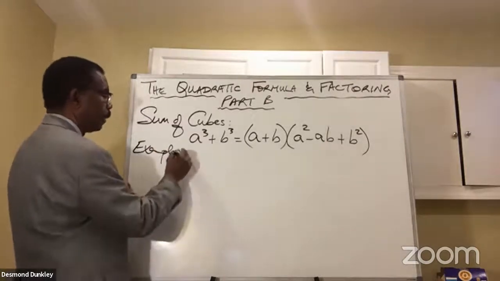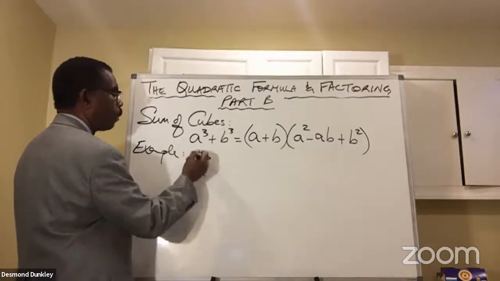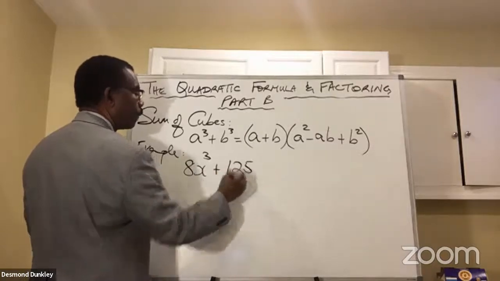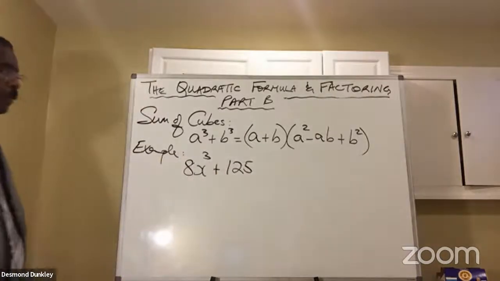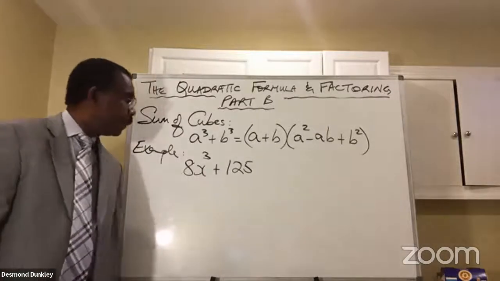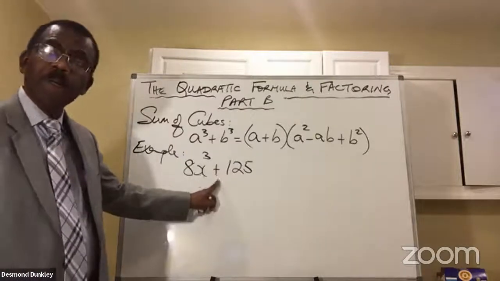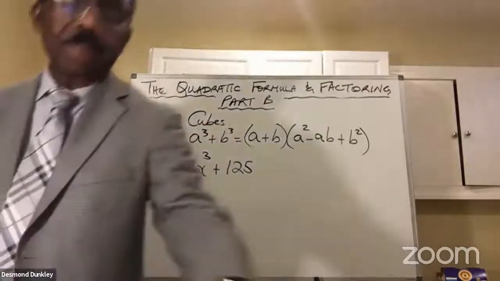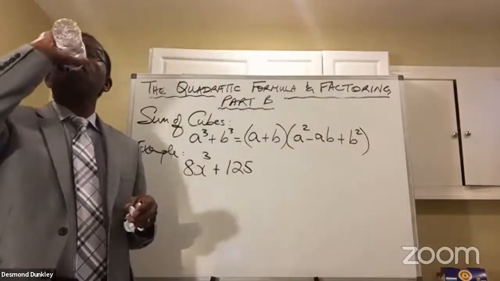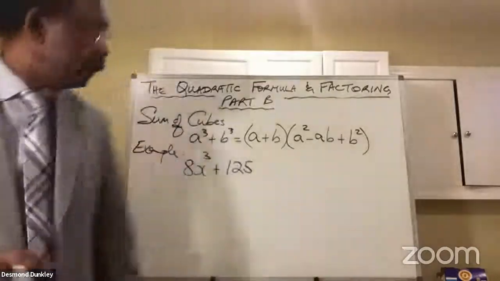Suppose we had 8x cubed plus 125, and you're asked to factorize that. Well, let's see if we could write it as the sum of cubes. Because if we could write it as the sum of cubes, then we're going to be in good shape.